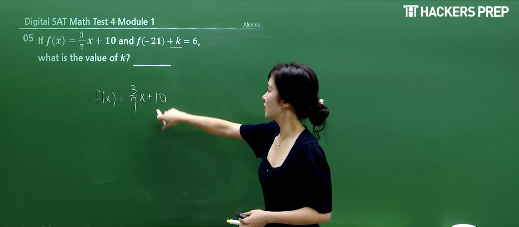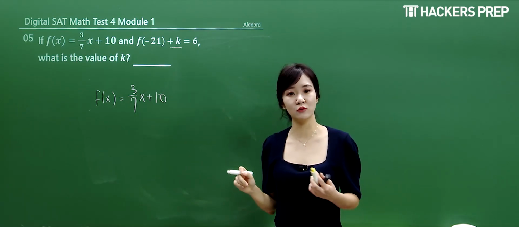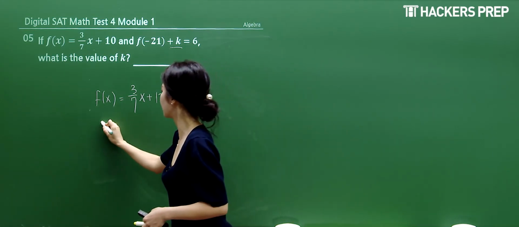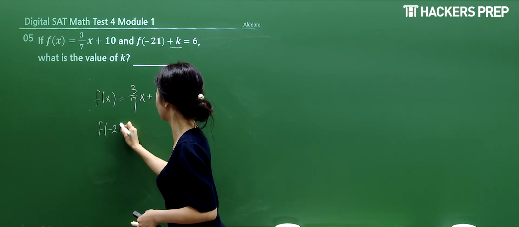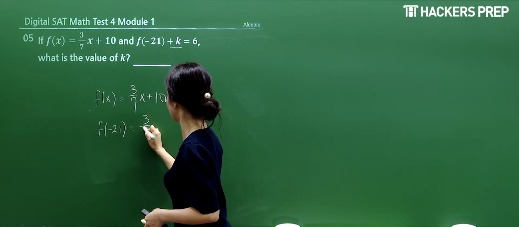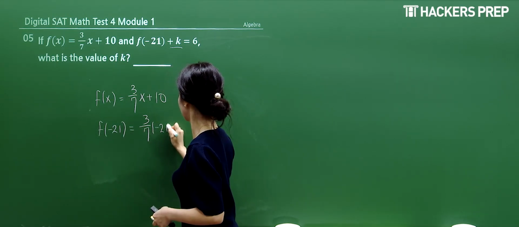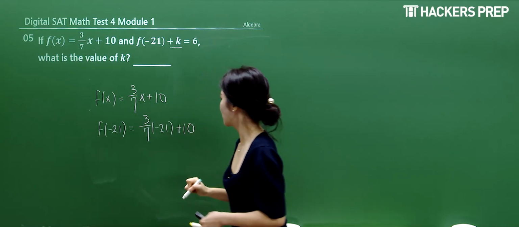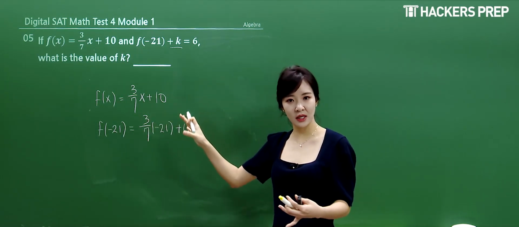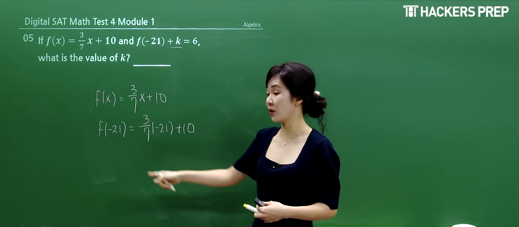So from this, we can plug in the value of negative 21 for x. Anytime that we see x in the equation, we want to substitute that with negative 21.